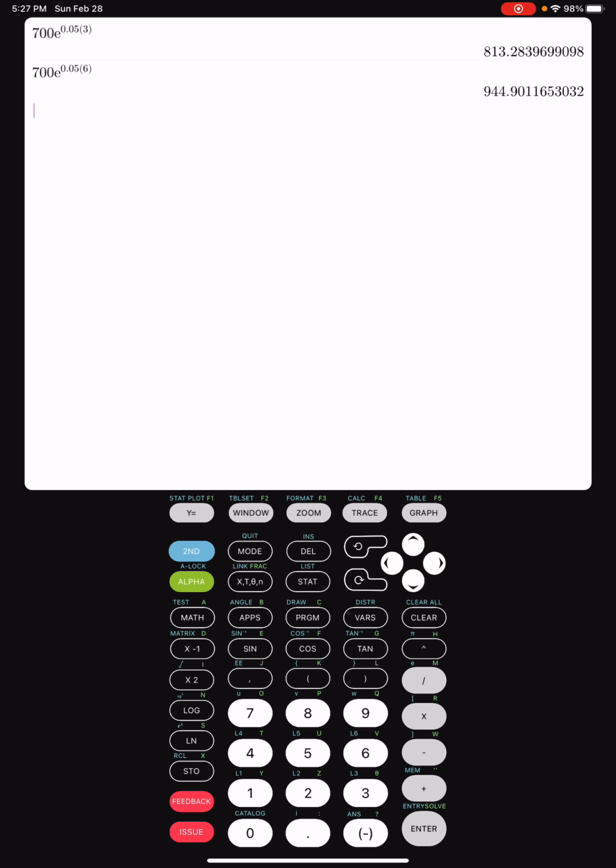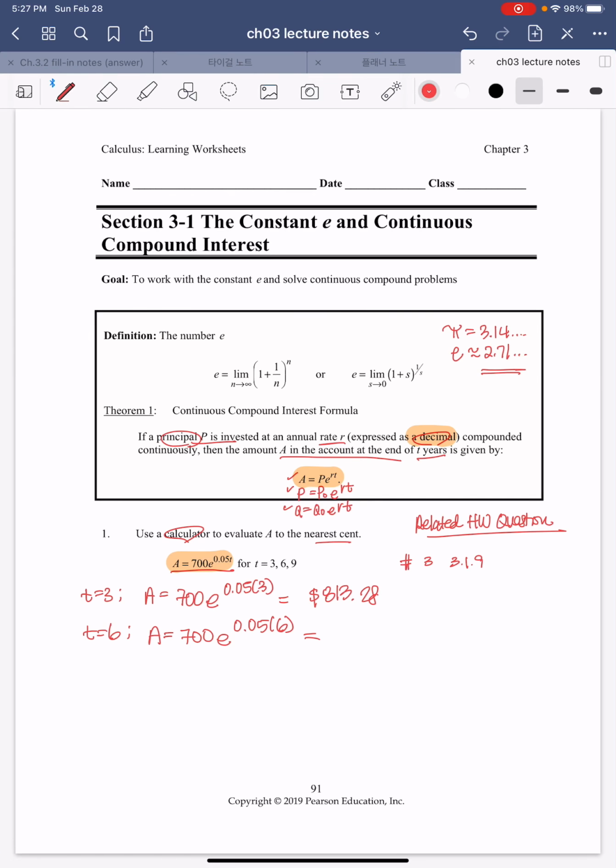So that's 944.90. That's the final amount. Remember, A is the final amount at the end. So it makes sense. The longer you put it in, your interest will grow.